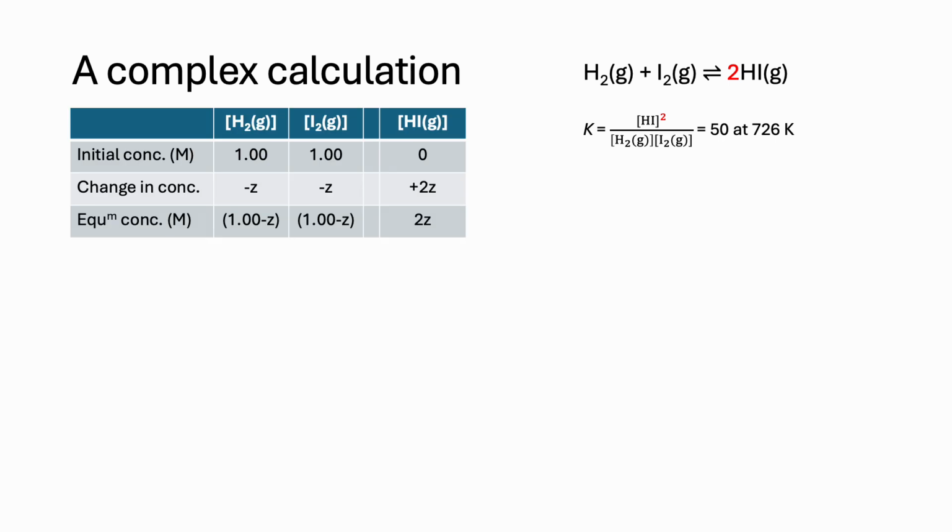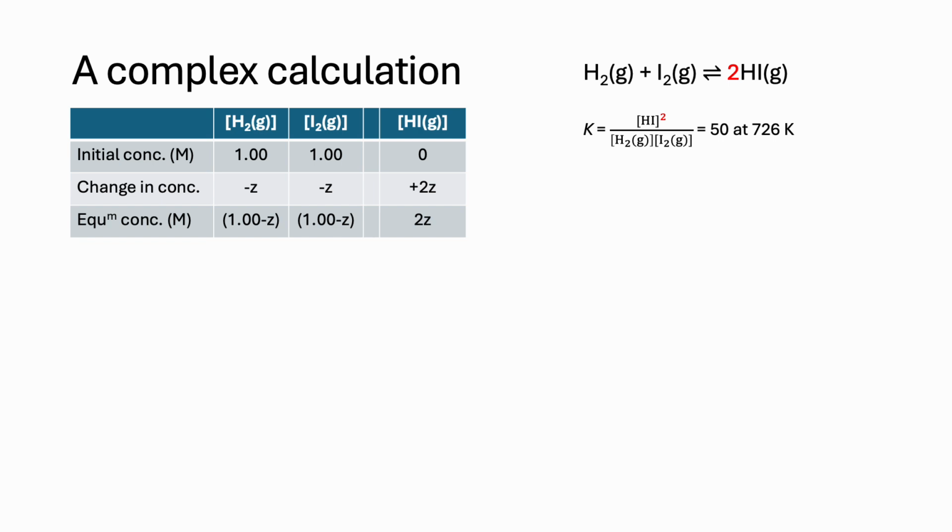I like to set this up as a table of concentrations. We're given the initial concentrations of the reactants. We don't know how much of these reactants will be used up, so let's call the change in concentration Z. From the stoichiometry of the equation, we get twice as much product generated as reactant used.